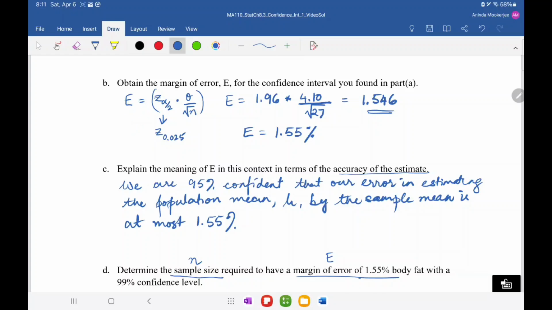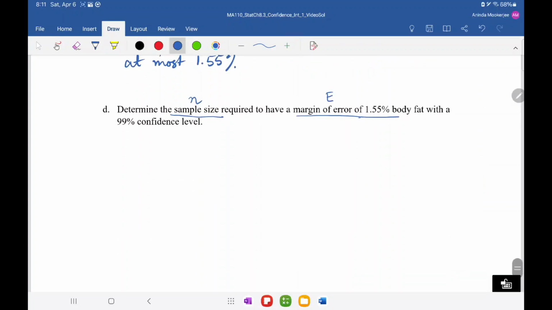When we did that, we came up with this formula: n equals z of alpha by 2 times sigma divided by E, whole squared. So that's the formula to find the sample size.